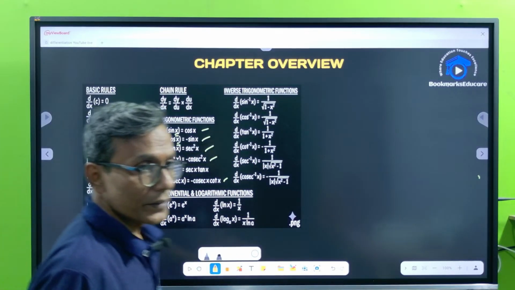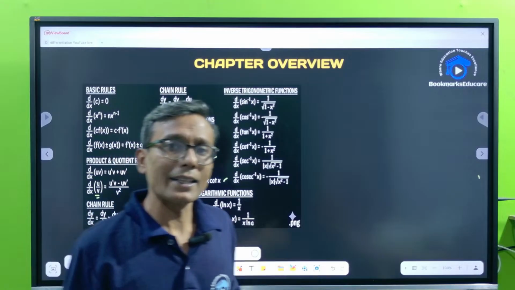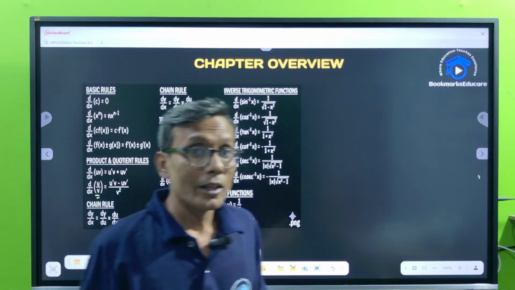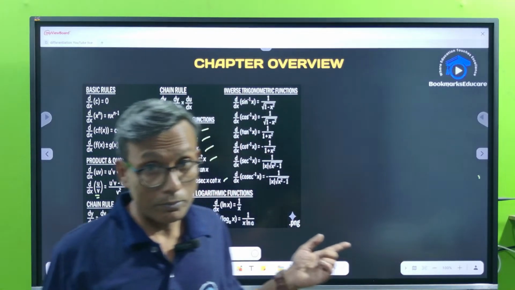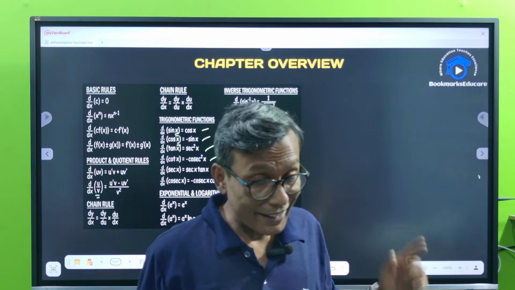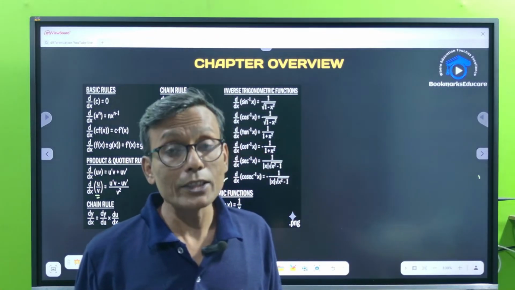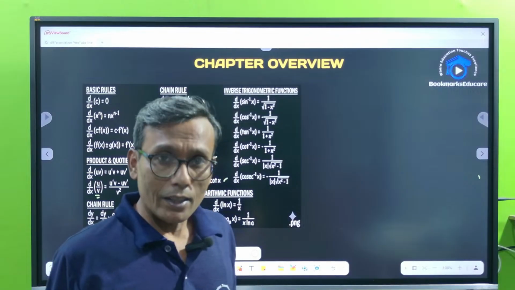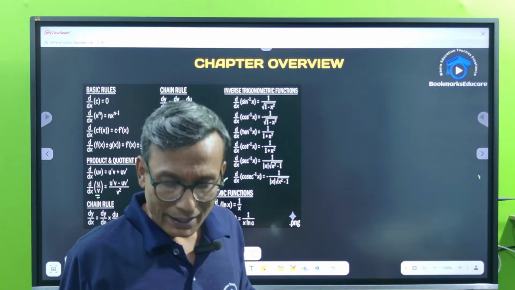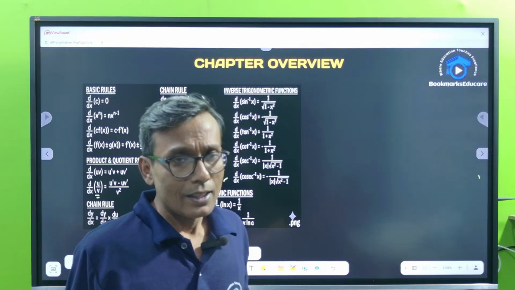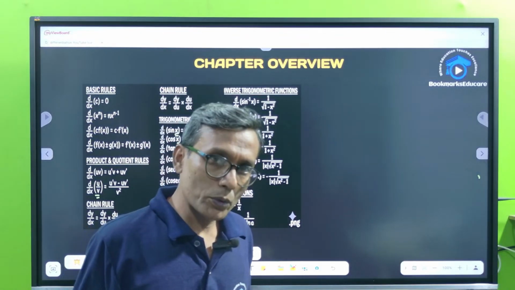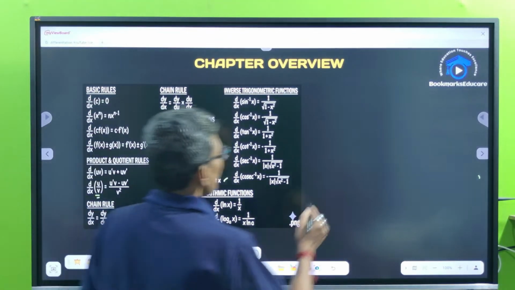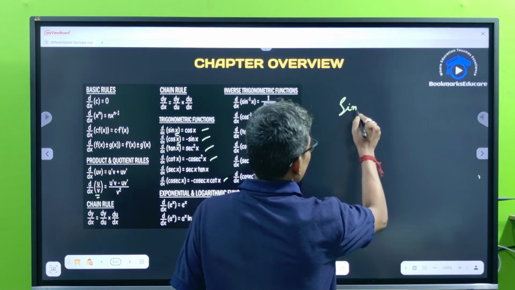So if in any question the angle is given in the form of degrees, you must convert the degree into radian. If in any trigonometric function the angle is given in degree form, you have to convert the degree into the radian. Suppose sin x degree.